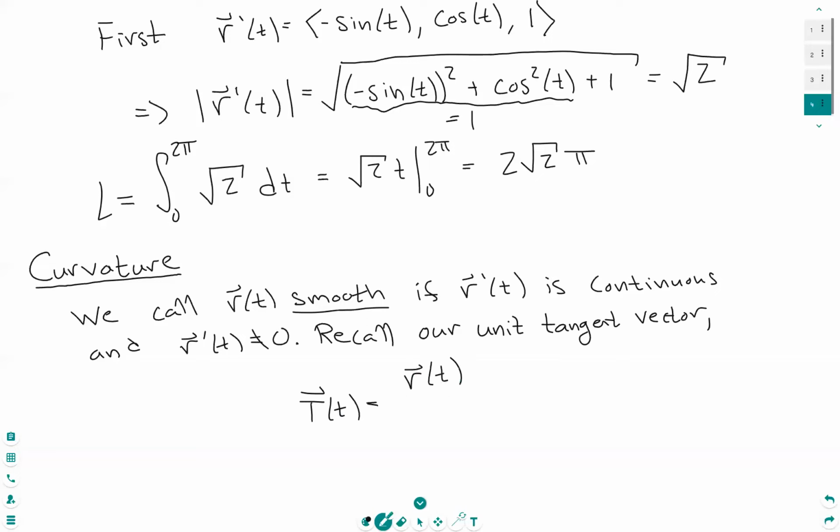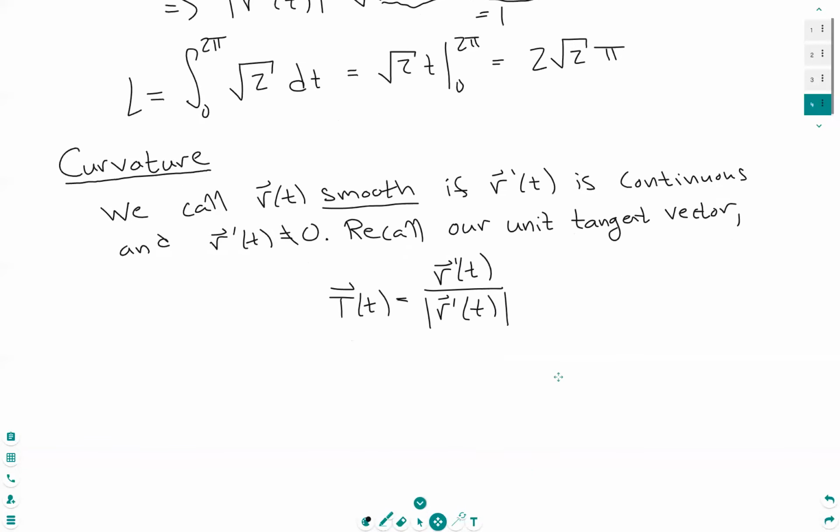This was r prime over the magnitude of r prime. Remember, that's the vector that just points in the direction that the particle is traveling in, right? It's tangential to the curve r of t.